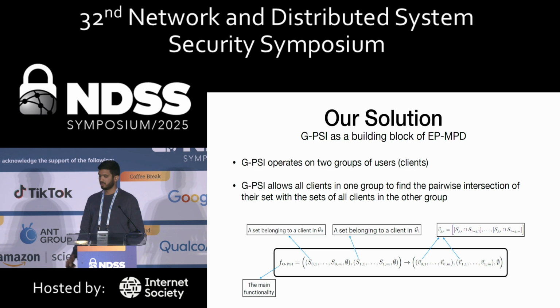And the second argument are the sets belonging to the clients in G1, which is the second group, and S11 to S1M denote the sets of the clients in the second group, where 1 is the second group, and 1 to M are the M clients. And the output of the GPSI protocol should be a vector for each client, where the vector contains the intersection that this client's set has with the sets of the clients in the other group.